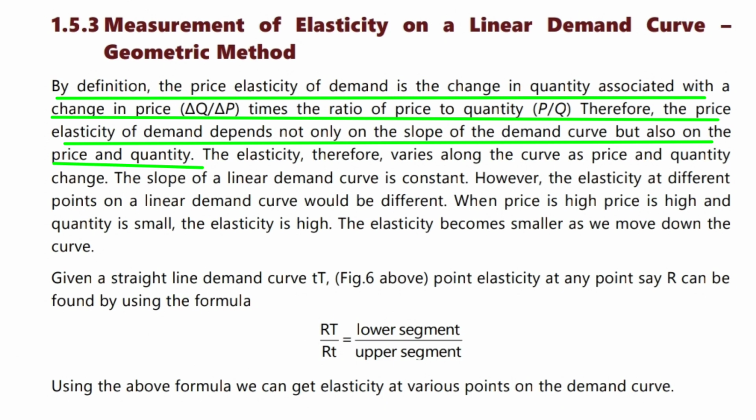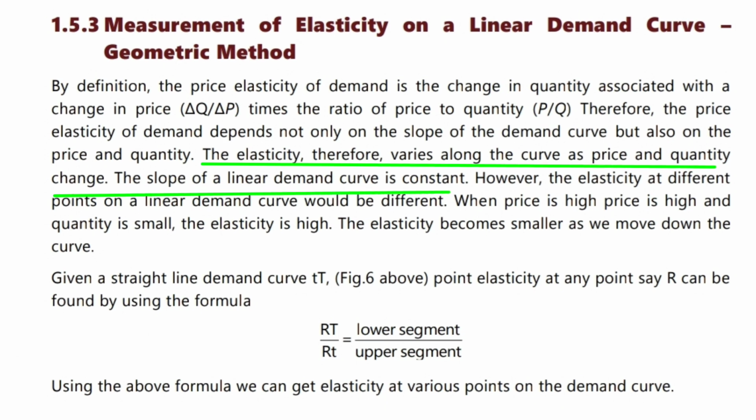Therefore, the price elasticity of demand depends not only on the slope of the demand curve but also on two factors, that is the price and the quantity demanded. The elasticity, hence we can say, varies along the curve as price and quantity keep changing.